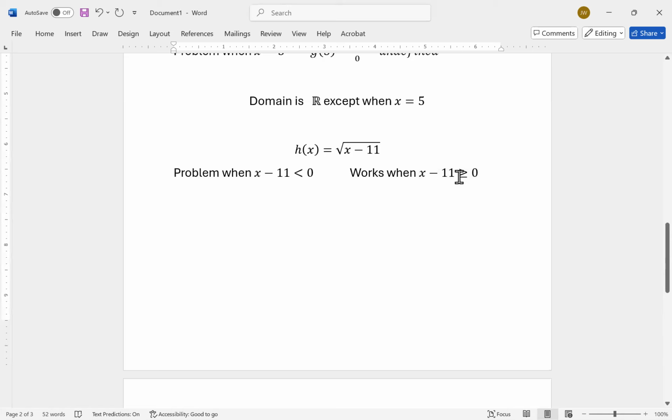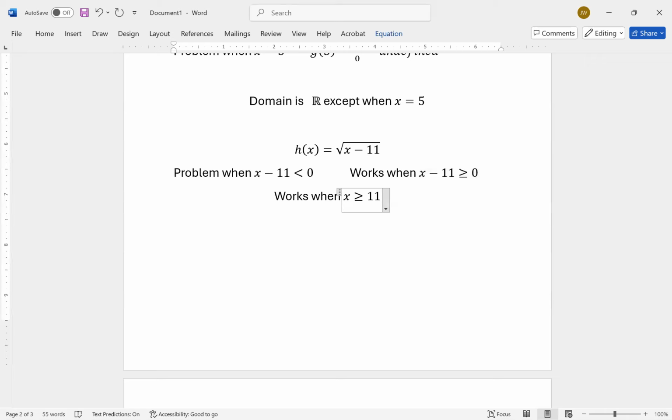I'm going to use this right-hand one that it only works when x minus 11 is greater than or equal to 0. So works when, and then what I can do is I can add 11 to both sides. Adding 11 to both sides does not change the sign.